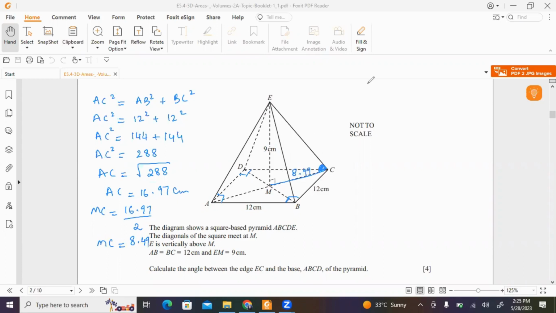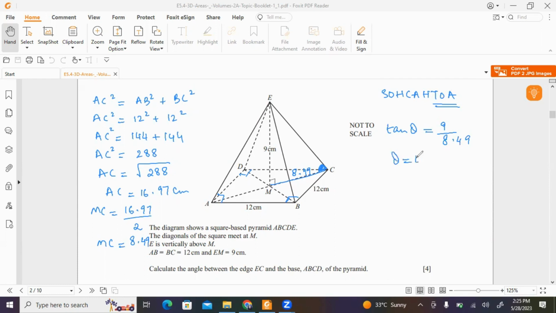Now that we have this length, we can apply SOHCAHTOA to find the angle. In our case, since we have the opposite, which is EM, and MC, which is the adjacent, we will apply tangent. Tan theta equals 9 over 8.49.